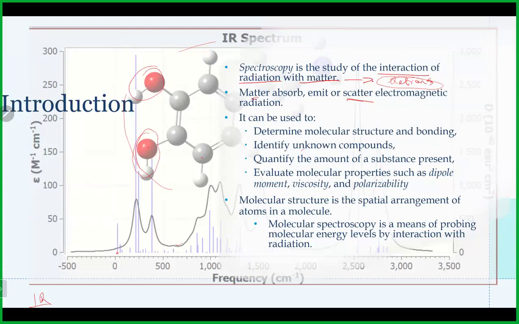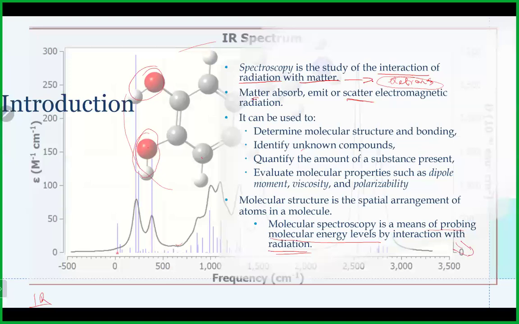So molecular spectroscopy, we can say, is a means of probing the different molecular energy levels by interacting it with radiation, by shining radiation onto it.